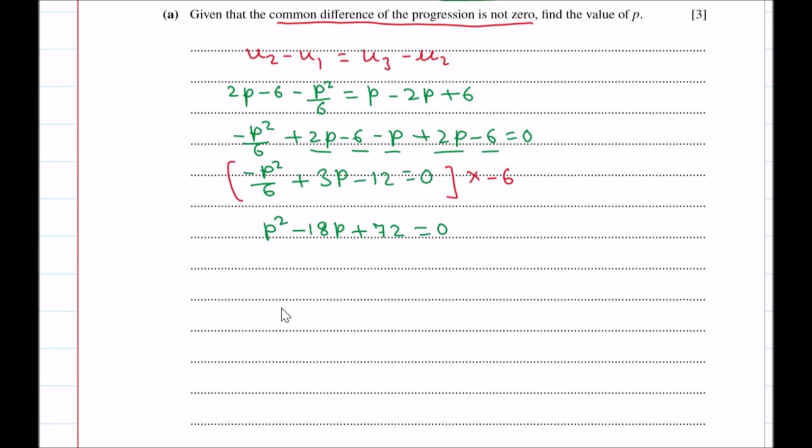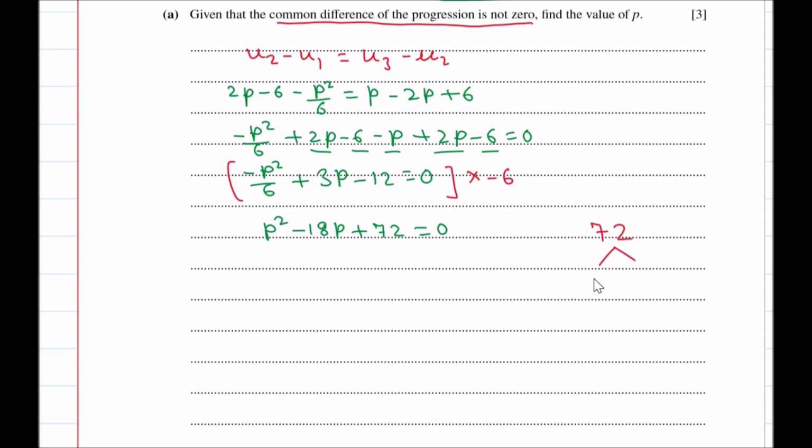So let me show you here factorizing this. So 72, we have to find two factors. When you add them, we should get minus 18, and when you multiply, we should get 72. So what can be the value of those two factors?